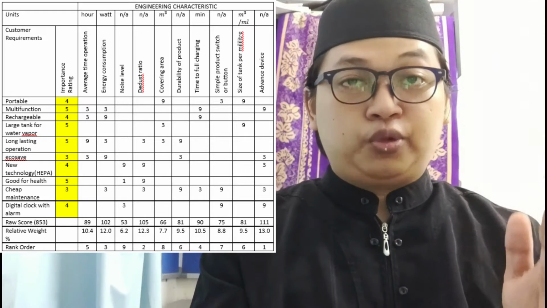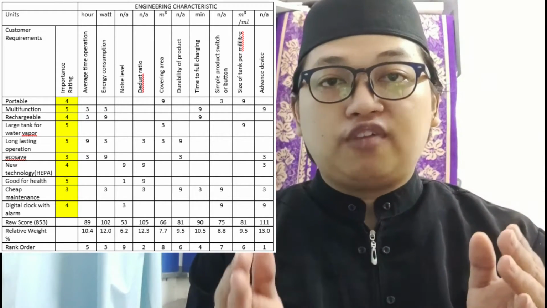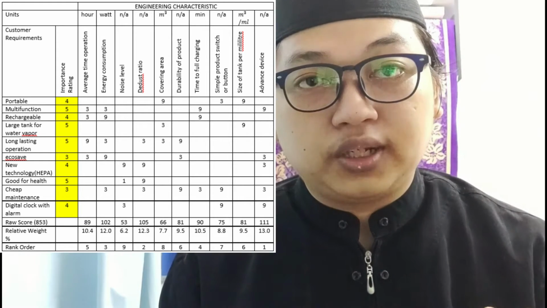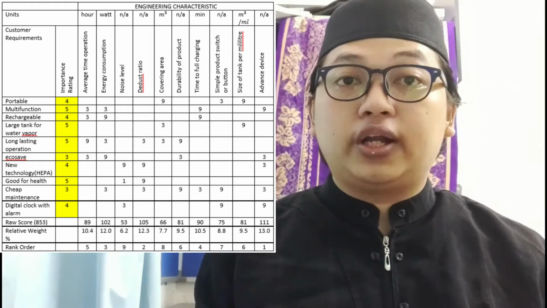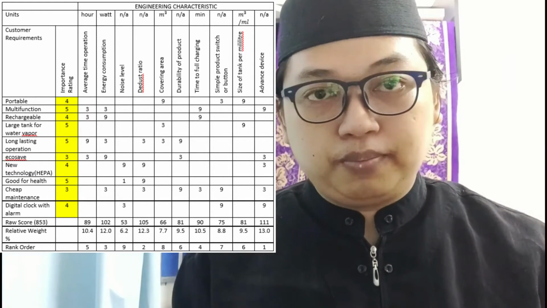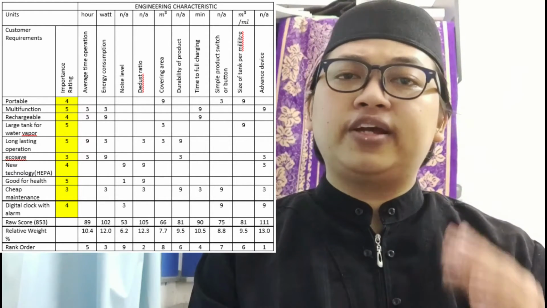These are the most important basic parameters of our product, and the least important engineering characteristics are portability and covering area. This shows why our product is portable and can be used for personal needs, because the noise level and covering area will be no problem for a personal student or office worker using it.